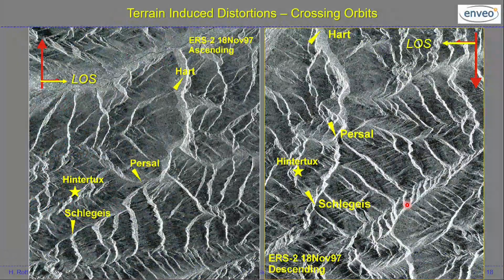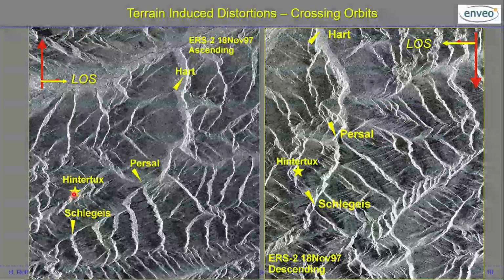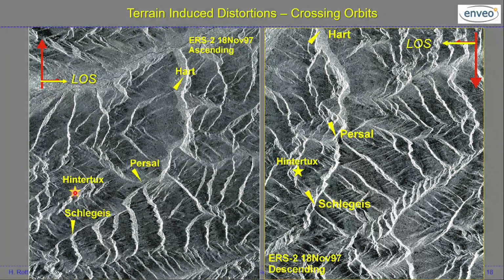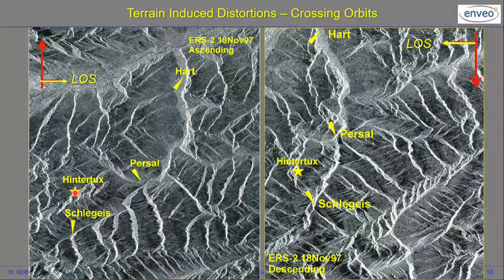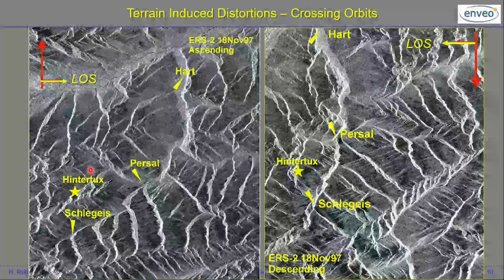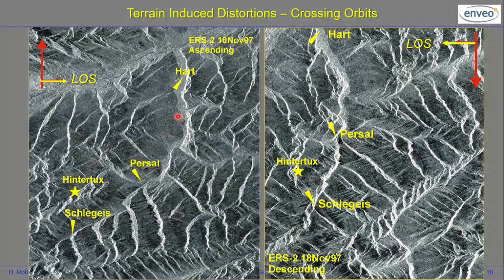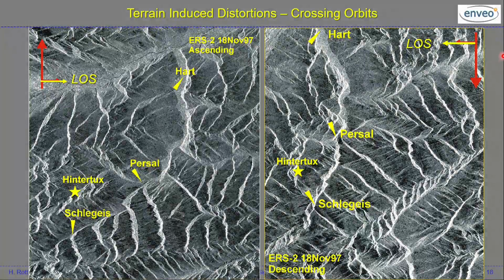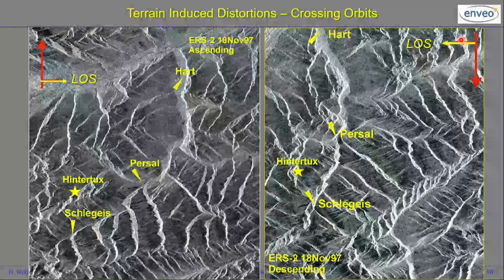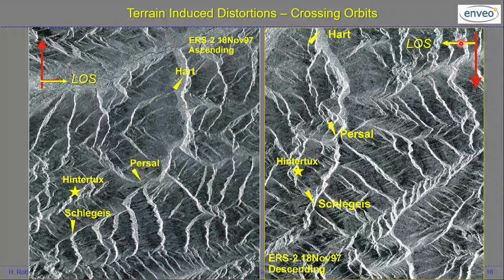This is another example, from the area where we'll go on excursion, Hintertux, on Wednesday. And this is now from EIS. And you can see here, this is incidence angle on the horizontal 23 degrees, which is quite close to nadir.